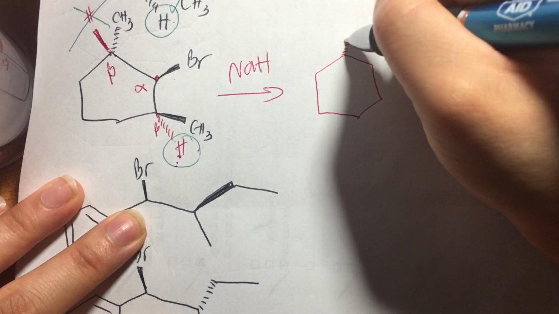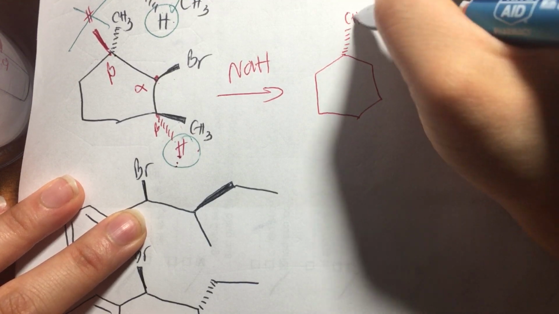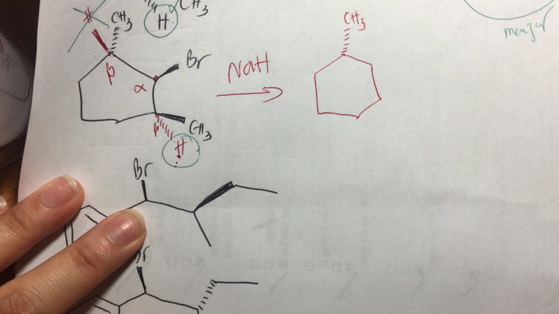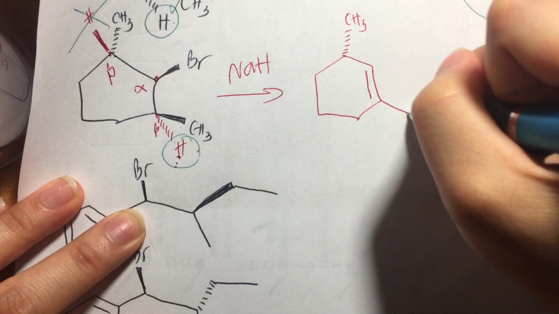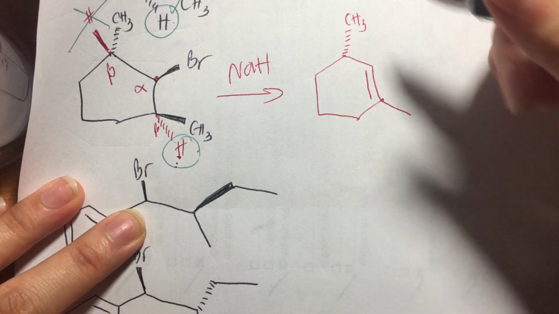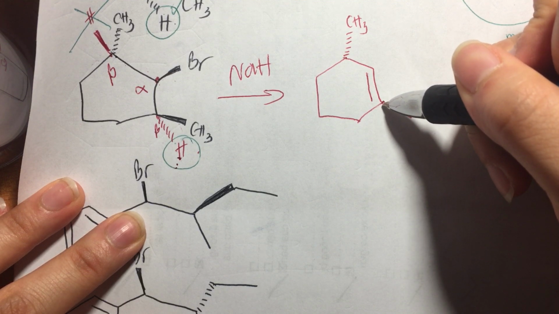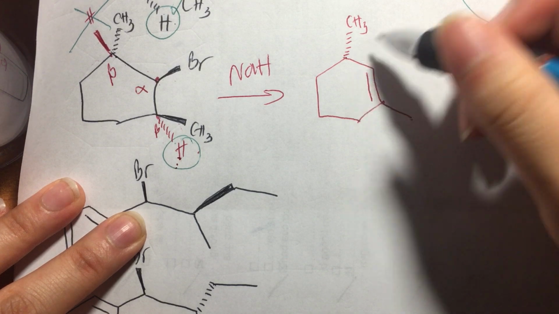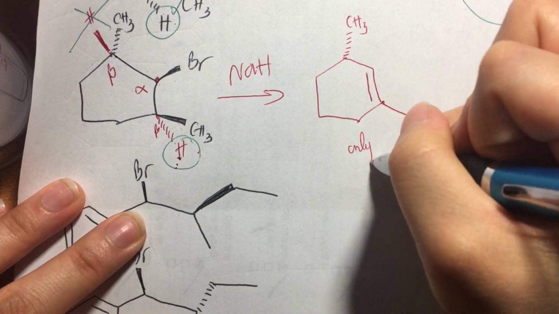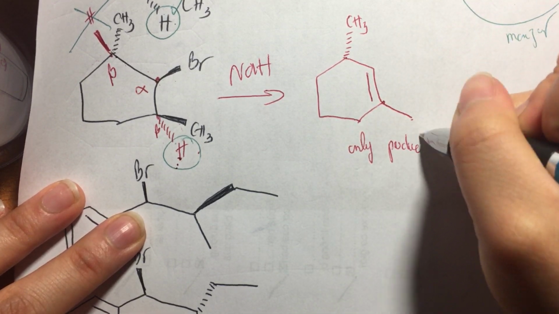If I draw this, the CF3 stays the same because it is not involved in the reaction, so it's still a dash. Since this carbon is converting to carbon sp2, there's no chiral center, so this is just a line, no dash, no wedge. So this is the only product that I have for the stereospecific product.